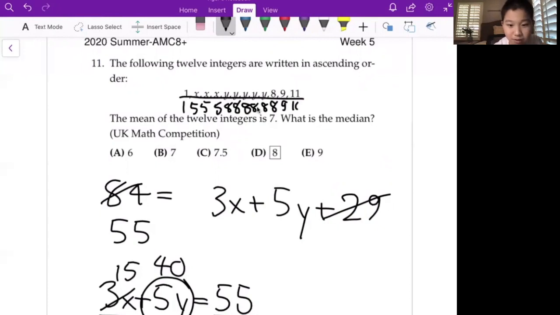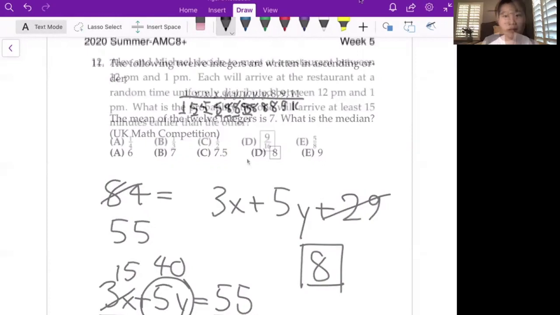So which one's the 6th? 1, 2, 3, 4, 5, 6. That's the 6th, and then the next one is the 7th. So the average of the 6th and 7th, which is just 8 and 8, is 8. Yeah, so that's the answer.